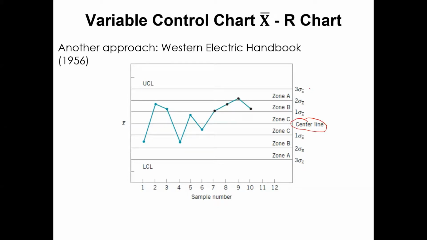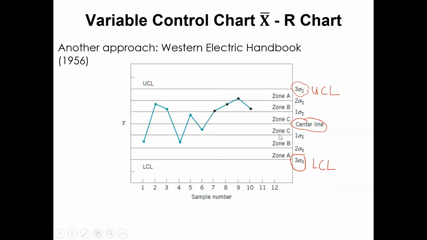This is the upper control limit, and this is the lower control limit. The Western Electric Handbook splits the area between the center line and upper control limit into 3 zones, zone A, B, C, as well as the area between the center line and lower control limit into 3 zones, A, B, C as well.